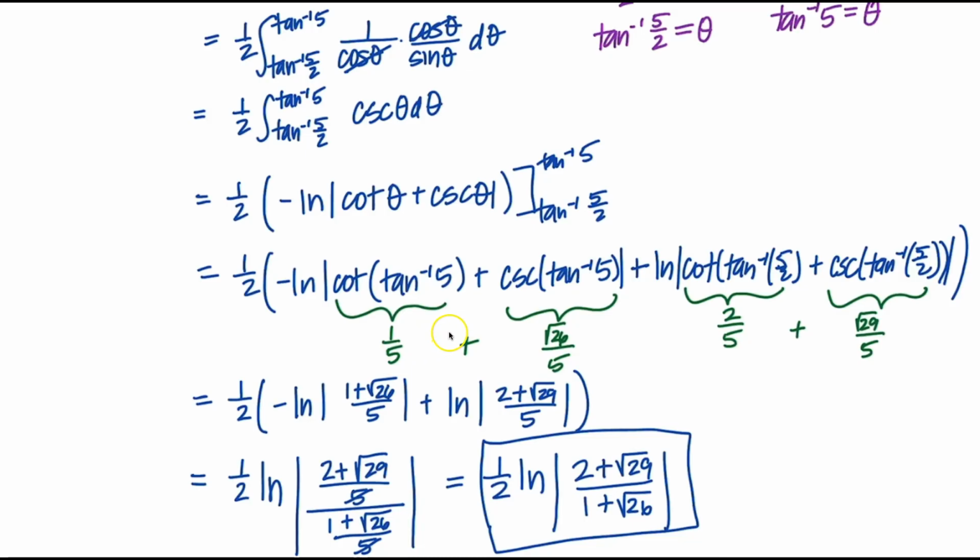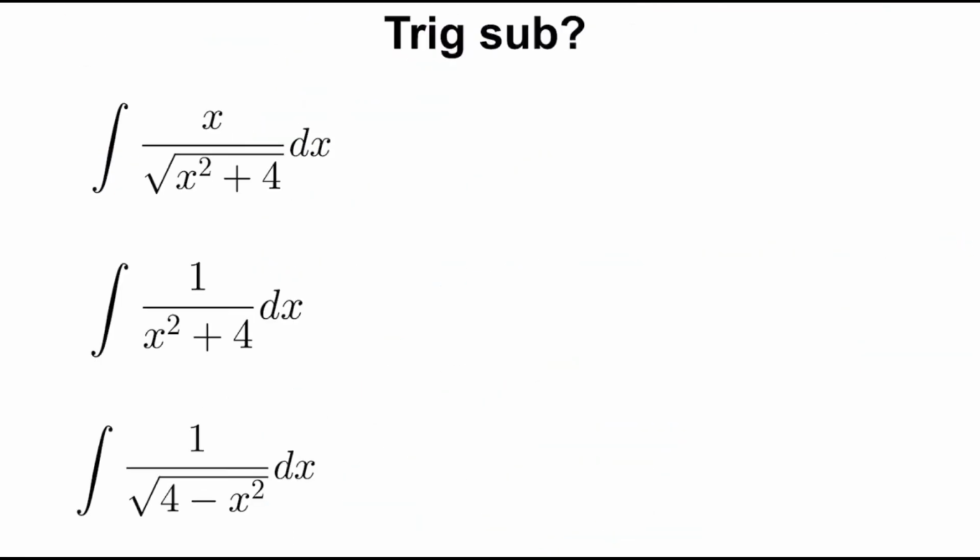So this was definitely trig heavy, but we are doing trig substitution with a little bit of log properties. Now, just because we see the sum or difference of an x squared and an a squared, that doesn't necessarily mean we're going to jump straight to trig sub. We're going to look at our integrand and think about what other integration strategies we have first, because trig sub, while beautiful, takes a lot of work.